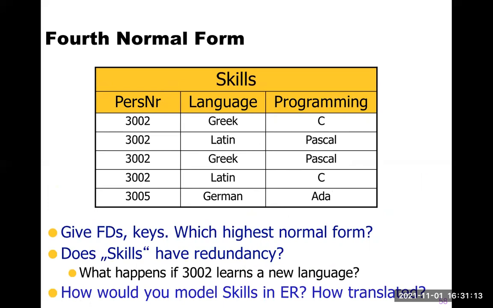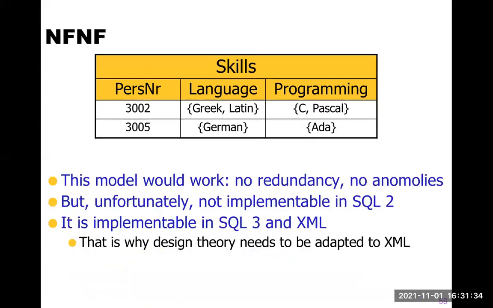Then we'll store Greek three times and Latin three times. That's not too efficient, probably. Why do we need to store the single fact that a person knows Java in two different records, and maybe in more records? So how to model the same thing differently?